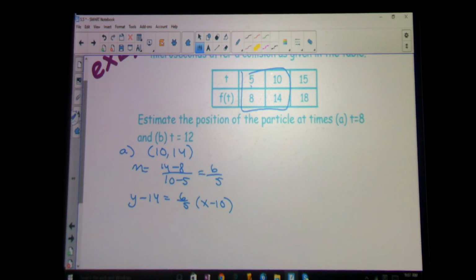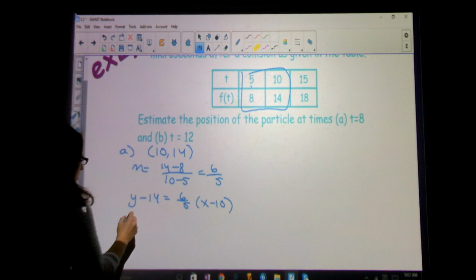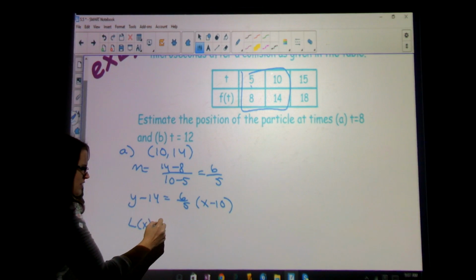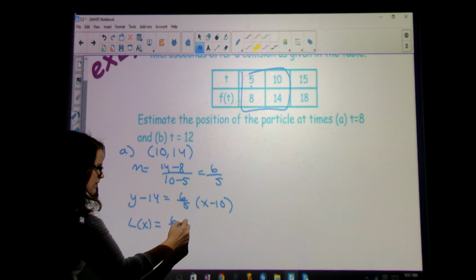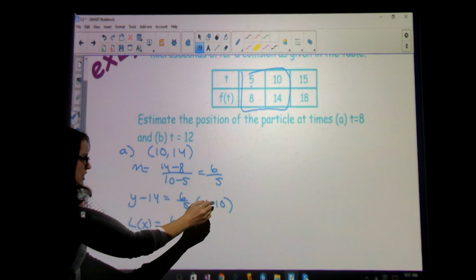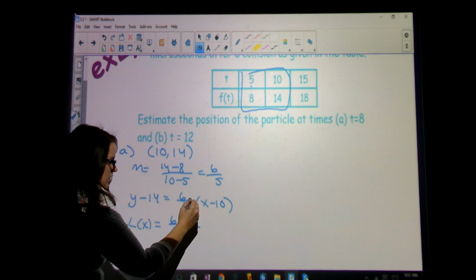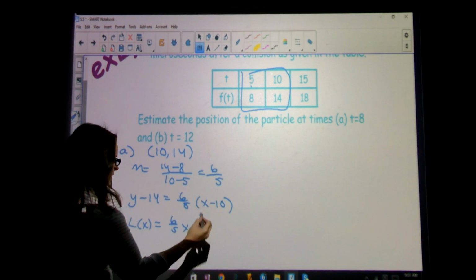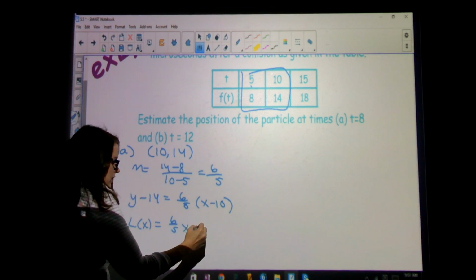Use L of x. Okay, so let me add opposite, distribute. So I'm going to go ahead and replace it with L of x equals 6/5 x minus, times those, these will reduce, you get negative 12, right? 2, 6, negative 12, plus 14, plus 2.